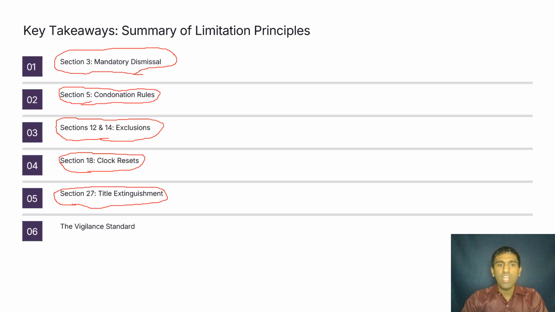So the Limitation Act is really a vigilance standard. The Limitation Act is essentially a deterrent to ensure that you take whatever case is against you very seriously, that if you have a grievance, then you get it redressed on time rather than waiting for too long, and that you are vigilant enough to seek justice at the proper time.